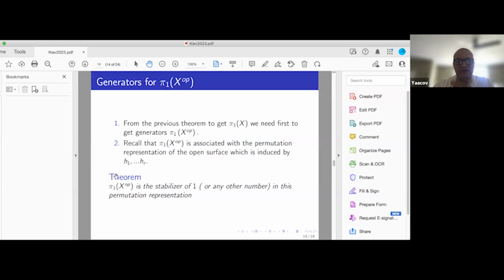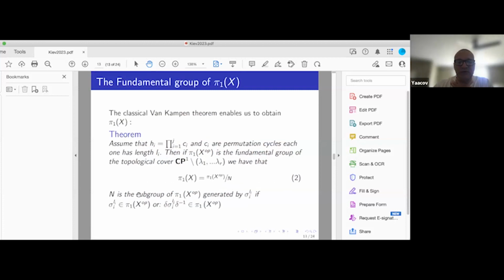So you can of course define this group only up to conjugation, unless it's normal inside pi 1 of x. But if it's not normal, then you need to do conjugation. And that's where this will come in. Because it might be that sigma i to the power of Lj preserves some other number.